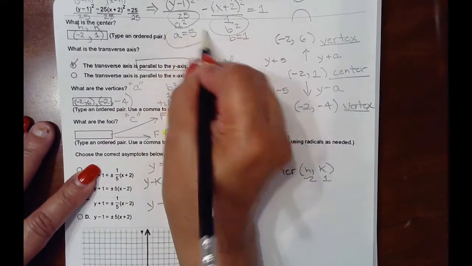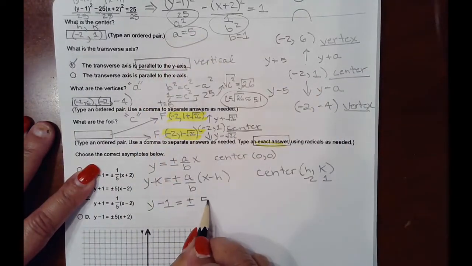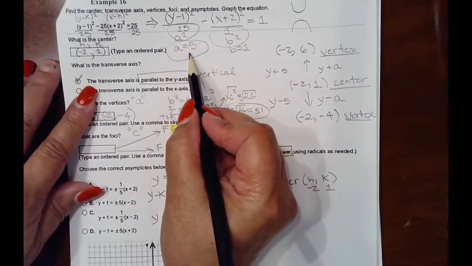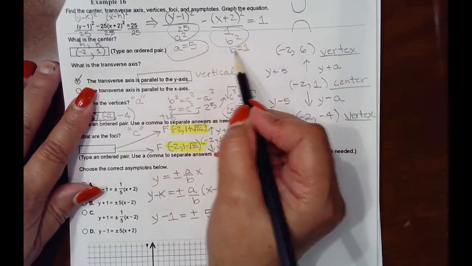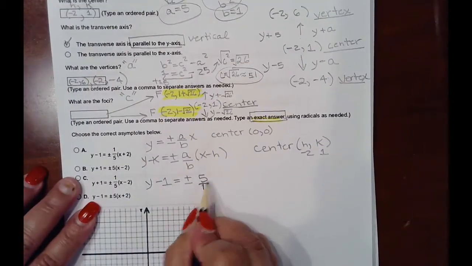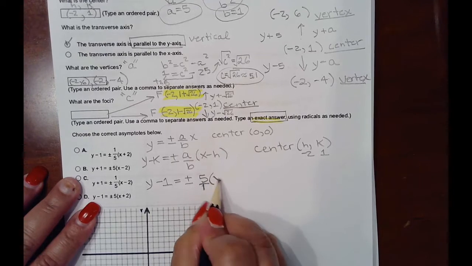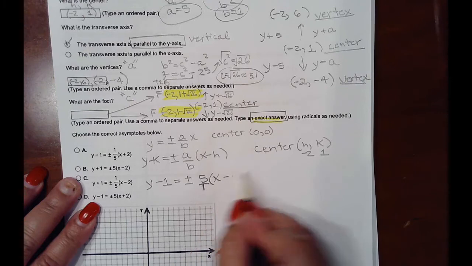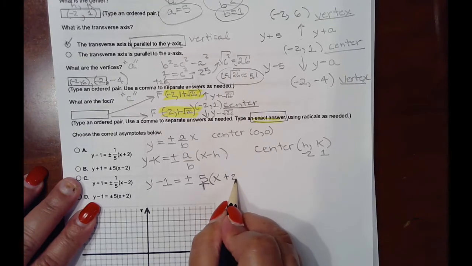Your a value is 5. You can see that up at the top of the paper. This was a squared, therefore this is a, and b was 1. I'm just going to put the 1 there just so you don't wonder where I got it. And then it's x minus h. So x minus -2 is x plus 2.